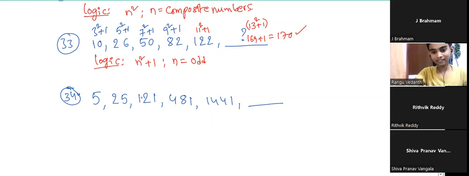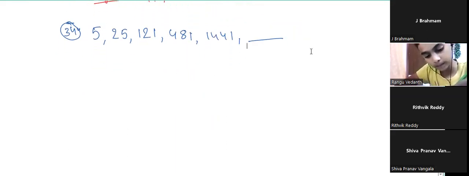If your logic is squares or cubes, every number should be a square or every number should be a cube. Anyone got the logic? Sir, is it 16 square for 481?